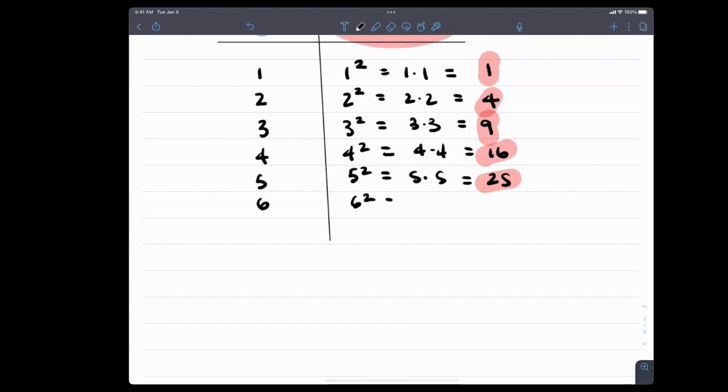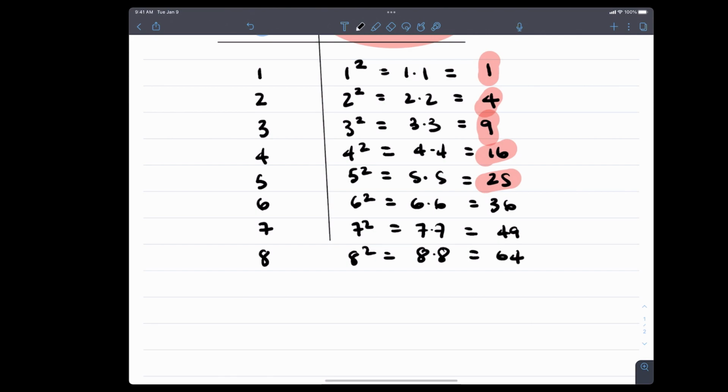Well, what if you said, you know, Mr. Judge, I got 6 times 6. I know that's 36. Take 7, raise 7 to the second power. 7 times 7, what's that going to be? 49. Take 8. 8 squared is 8 times 8, which is 64. 9 squared, 9 times 9, is 81.